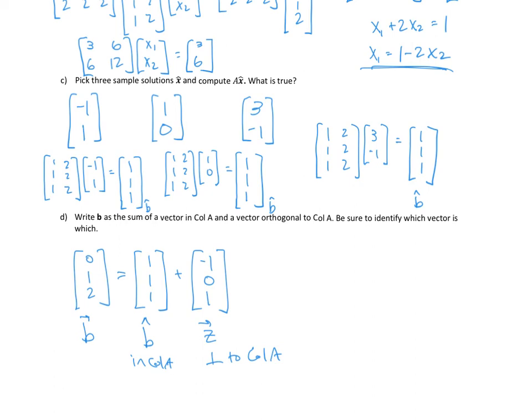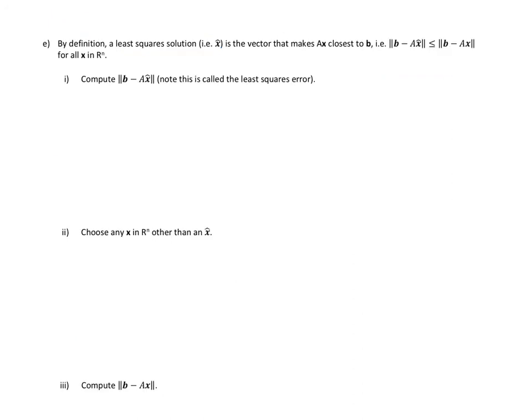I can look here, 3, negative 1. Or actually, I have multiple x hats. I have to pick an x that does not satisfy this equation. So maybe 1, 1. Okay, so by definition, A times x hat is the closest you can get to b.